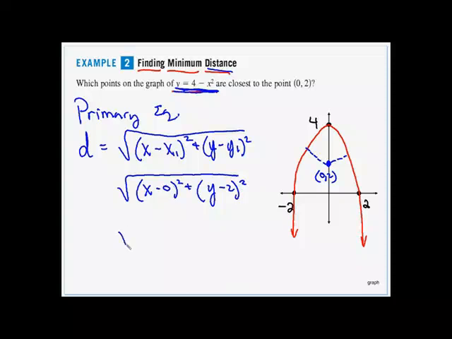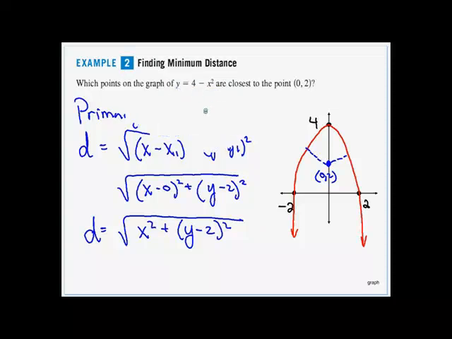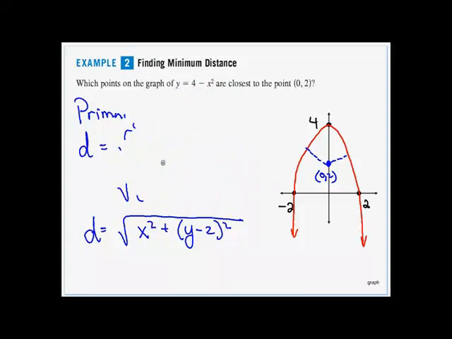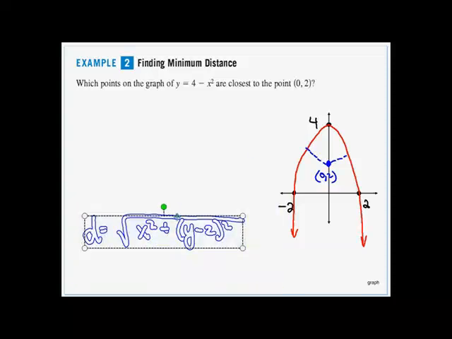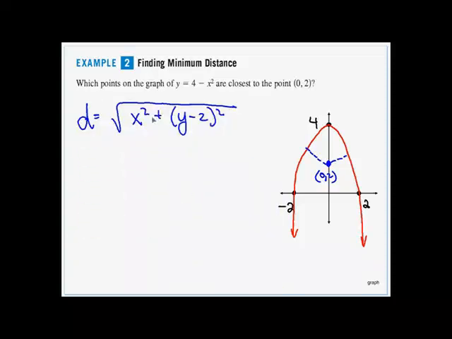Let's clean this up a little bit. In the first set of parentheses, x minus 0 is just x, and that's squared. Plus we have our second set of parentheses, y minus 2 quantity squared. Again, this is our primary equation, the distance formula, which we want to minimize or maximize. In this case, we are minimizing that distance. But we have a problem. We have two variables, x and y. So we are going to need a secondary equation to get this down to a single variable.